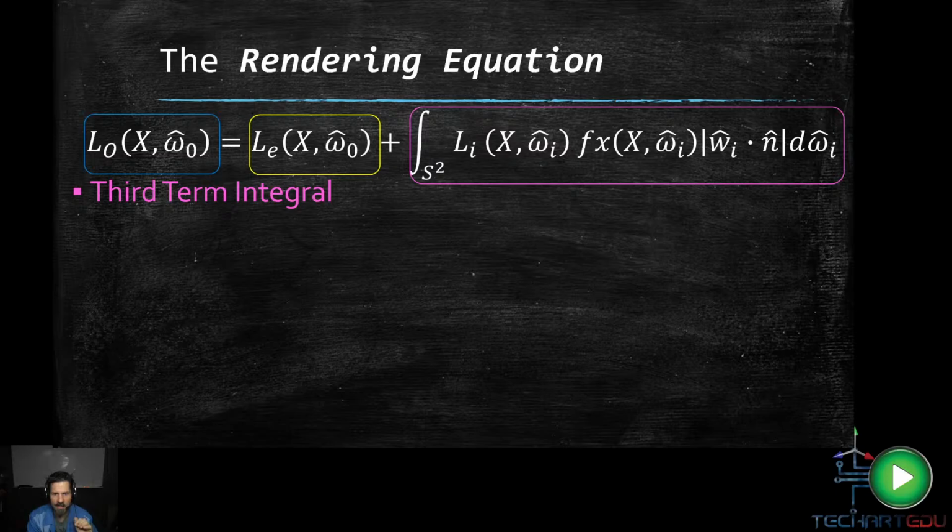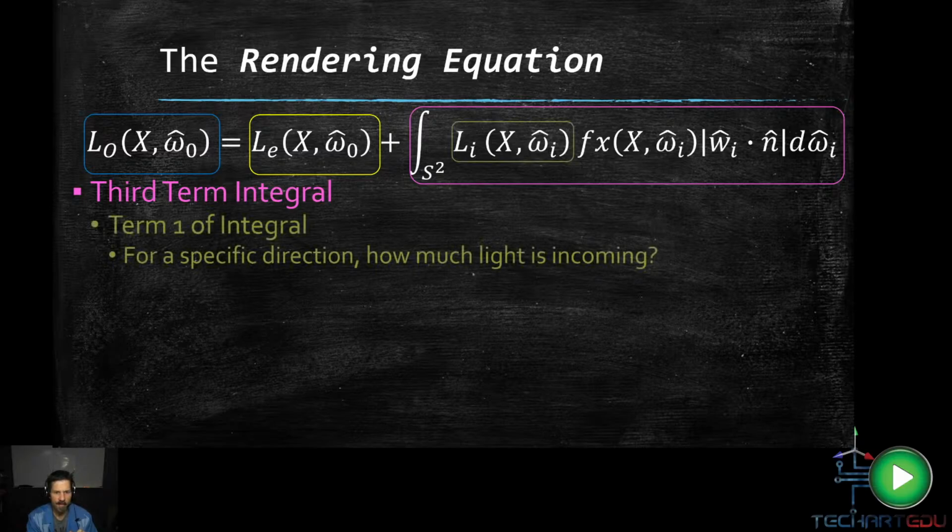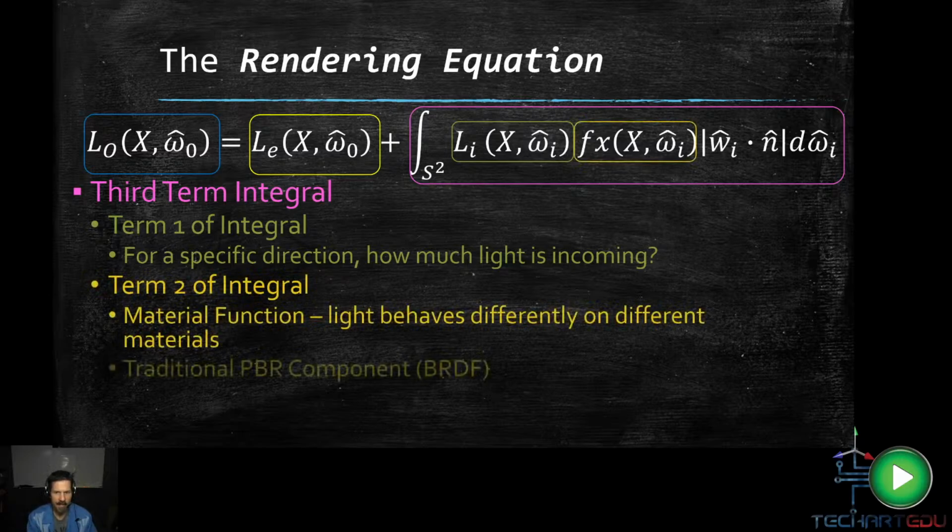Now inside of this integral, there are three other terms that we need to worry about. The first term is how much light is actually incoming onto the surface. The second term is pretty important, because this is the guts and the heart of the whole equation, the BRDF. This is the material function.